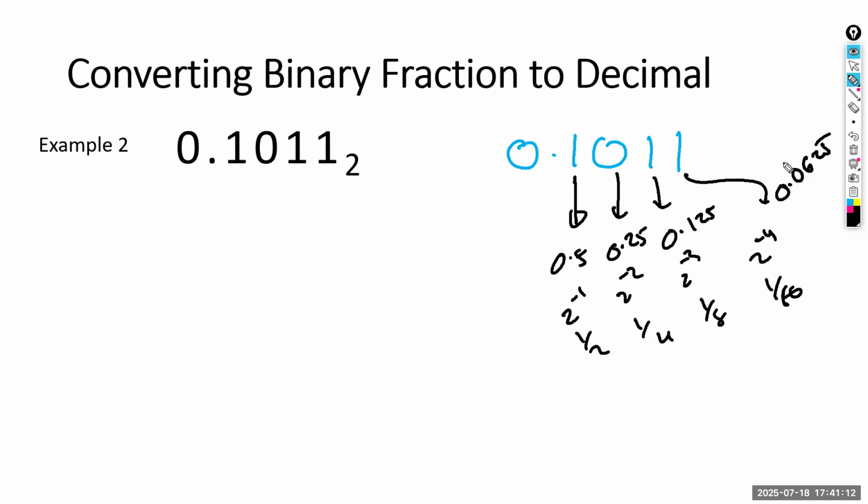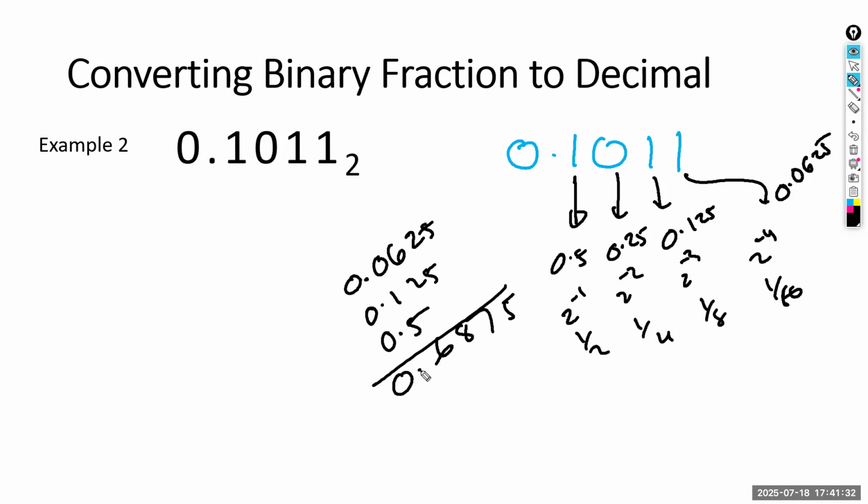Now we have 1 of the 0.0625 and 1 of the 0.125, and no 0.25, but we have 0.5. Add it. The answer is 0.6875 in base 10. And 0.6875.